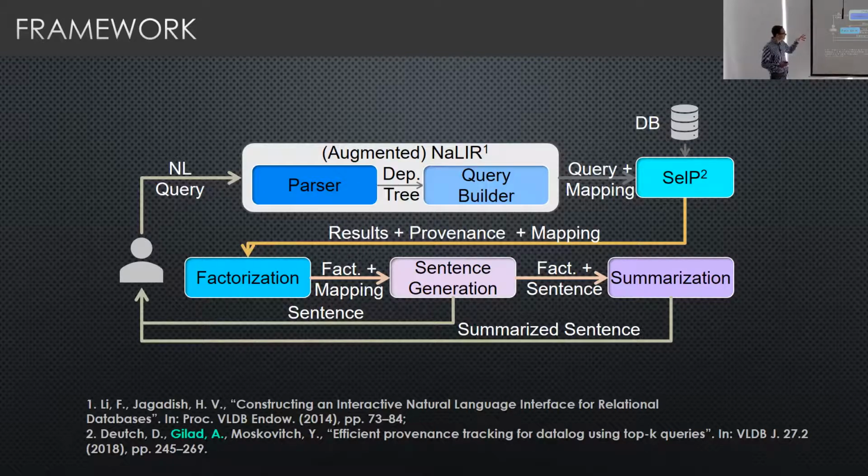Our augmented version stores both the dependency tree and the mappings from words to variables. Then the formal query is evaluated using a database engine that stores the provenance. In this case, we've used CAPE, which is based on our 2018 VLDB journal paper. Then the provenance is factorized and an explanation is generated based on the factorization, or it is further summarized and an explanation is generated.